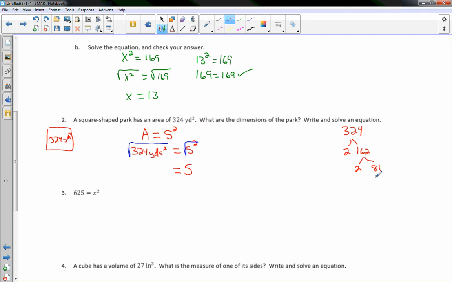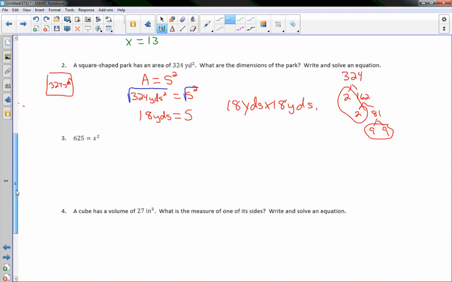Now I see a perfect square. That's 9 times 9. So I have a pair of 2's and I have a pair of 9's. So that gives me 1 outside. 2 times 9 is 18. So it's going to be 18, and the square root of yards squared is yards. So the dimensions of the park are 18 yards by 18 yards. Okay, squared.